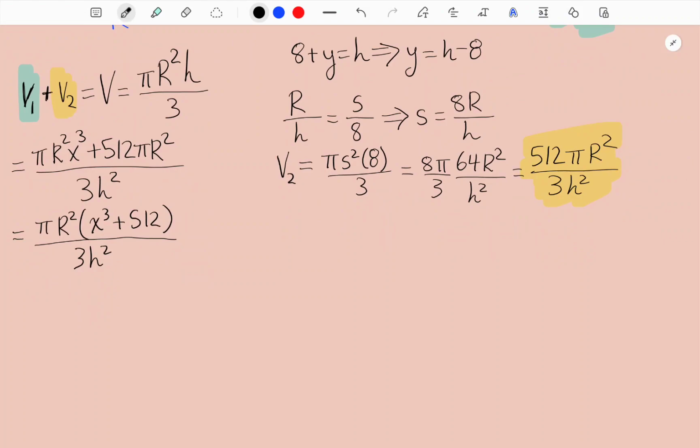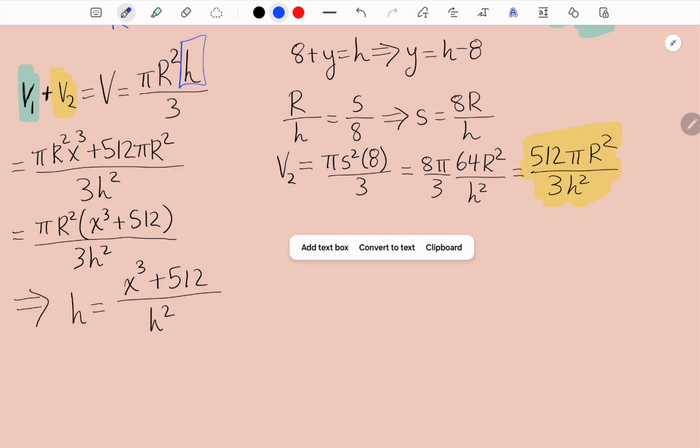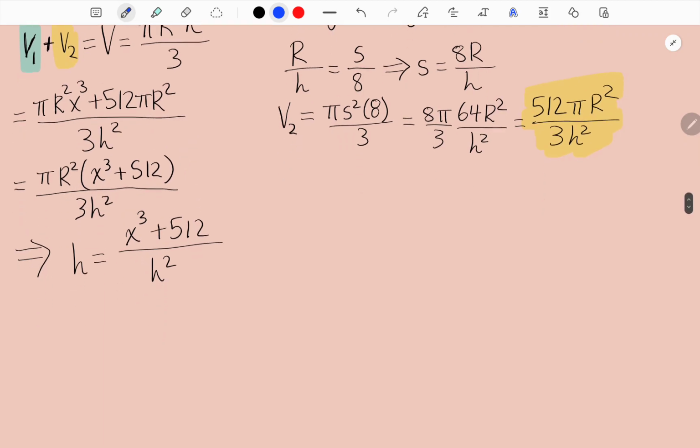So this implies that h is equal to x cubed plus 512 divided by h squared. I'm essentially looking at the portion that is not pi r squared over 3, setting them equal to each other.